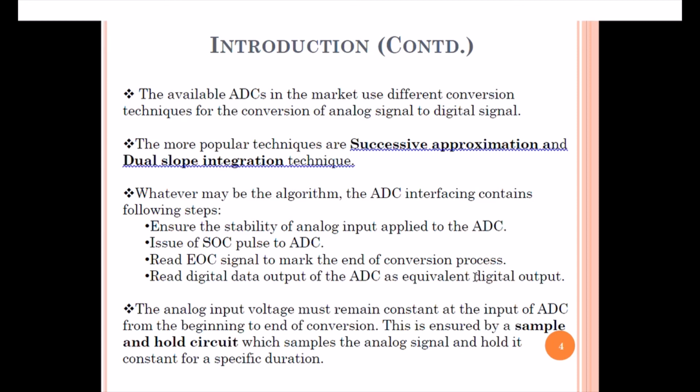After sending the SOC pulse, the ADC will start converting from analog signal to digital data, and after converting it will send the EOC signal to mark its end of conversion. So we have to read that EOC signal and then read the digital output of ADC, the equivalent digital output, from the buffer of ADC via the 8255 chip. We have to read the data into 8086.